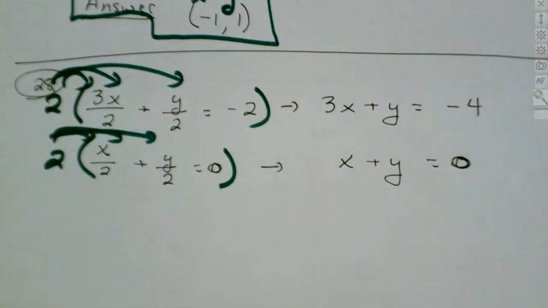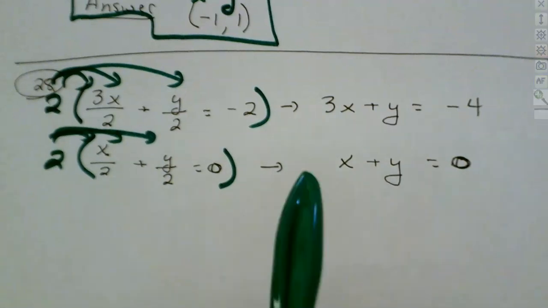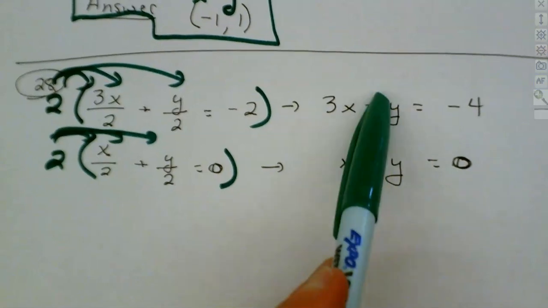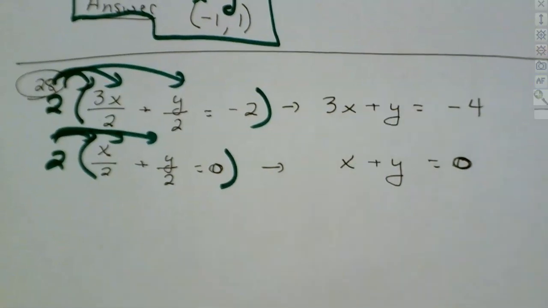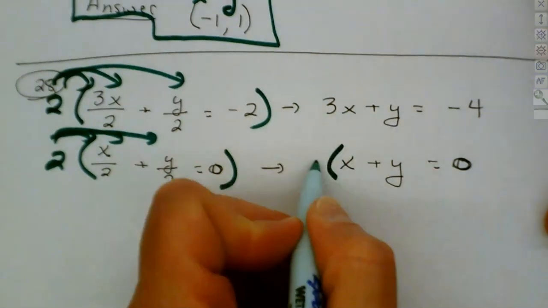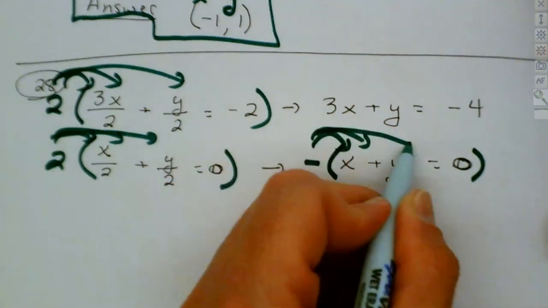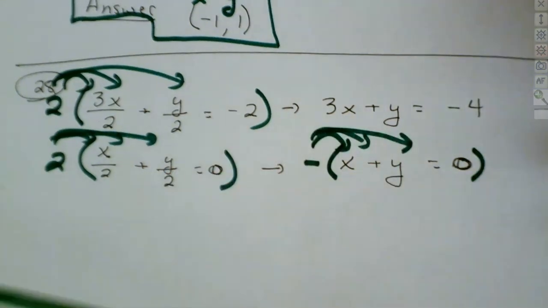I could eliminate for the x, but it's going to be easier if I eliminate for y. Because look at these, these are both y's. Now, they are positive. I want one of them to be negative. So let's take our second equation, and let's distribute through a negative. That's going to switch my signs out.